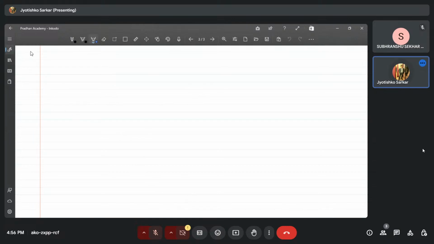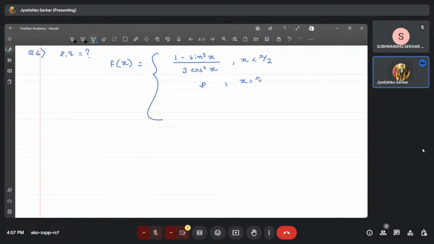So our next problem is quite similar. Determine the values of P and Q, where f(x) is equal to 1 minus sine cube x divided by 3 cos square x if x is less than pi by 2, P whenever x is equal to pi by 2, and Q into 1 minus sine x divided by pi minus 2x whole square whenever x is greater than pi by 2.